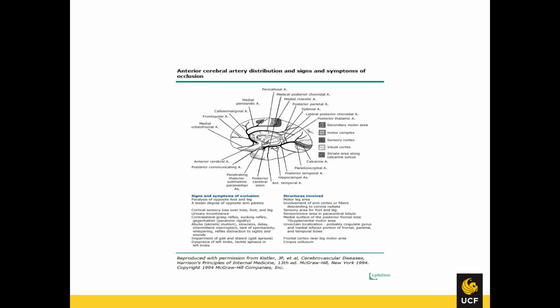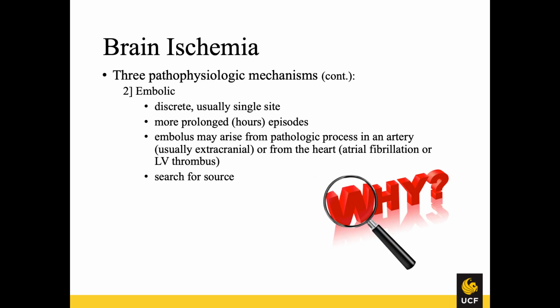Well, if I have paralysis on one side, let's say on the left side, then I may have a right-sided anterior cerebral artery infarct or occlusion taking place. So those are all things that are going to be caught in my neuromuscular and my neurologic exam.